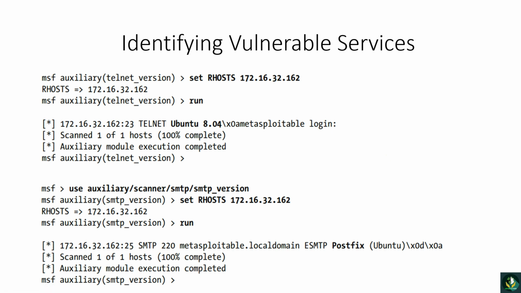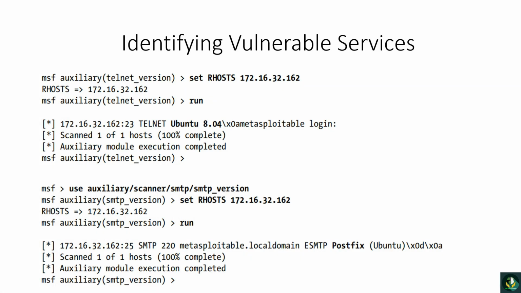So let's look into SMTP to see which version our target is running. Remember that we are trying to identify the running version of the service operating on the various remote systems. As you can see in here, the Postfix mail server appears to be running.